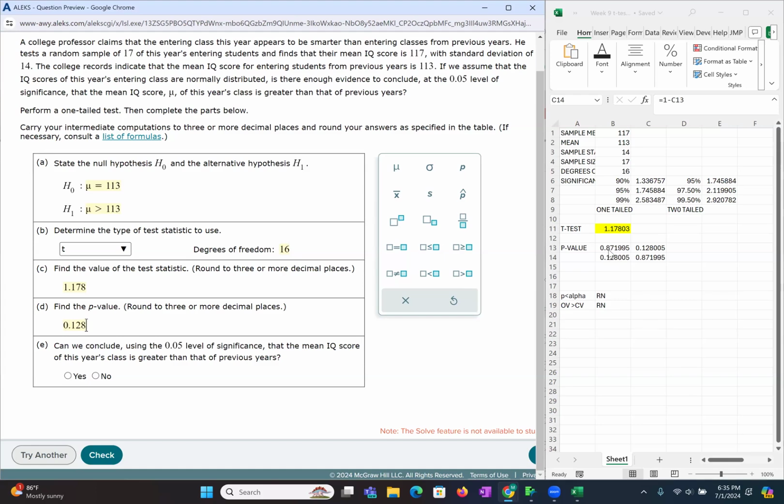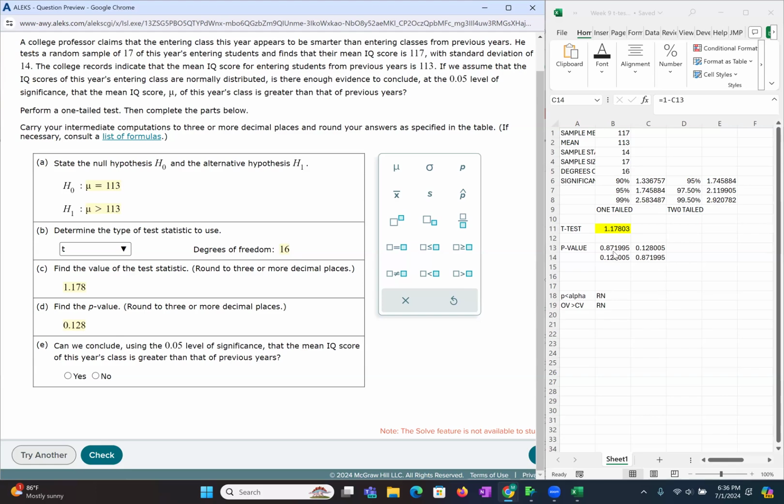This is the area, the 0.871995 that you see here. You see my cursor moving? So this is the area below, this is the area above. This is always where you have greater than values.